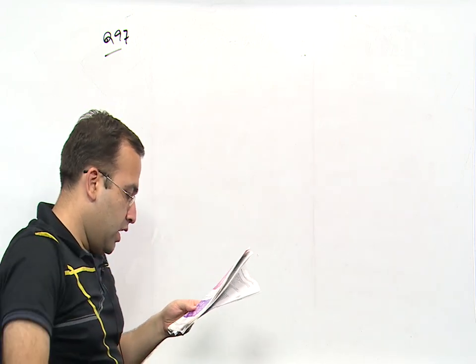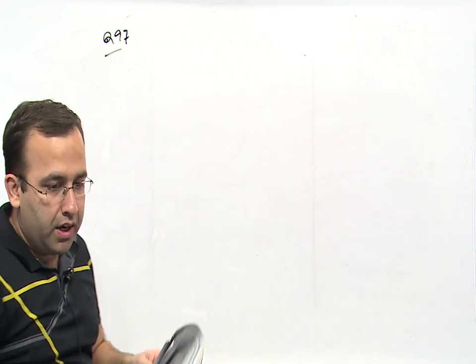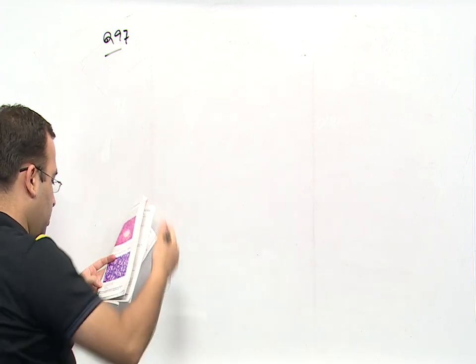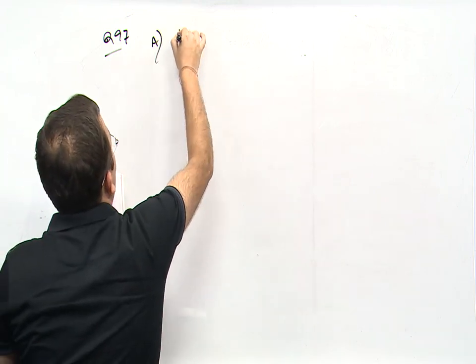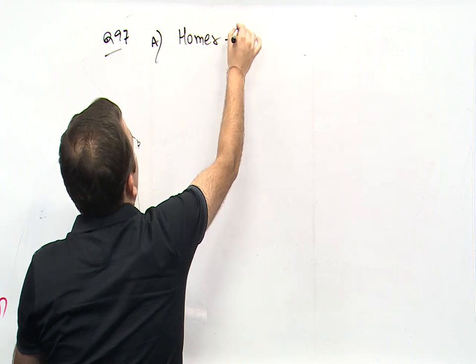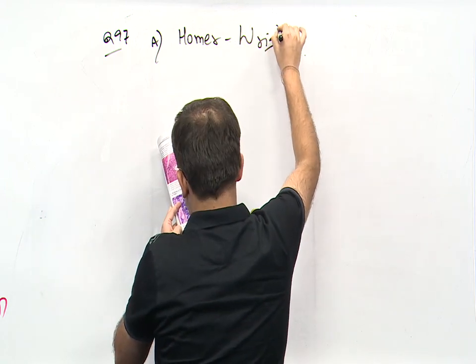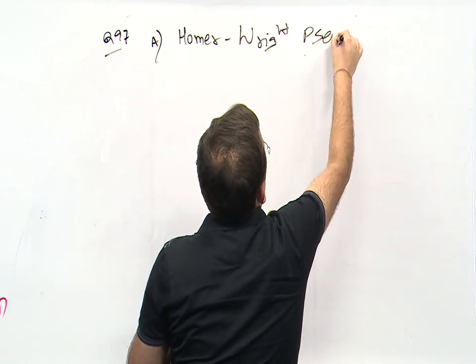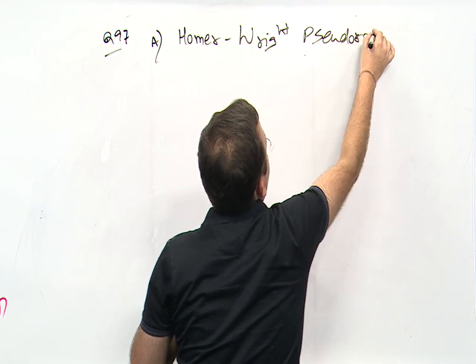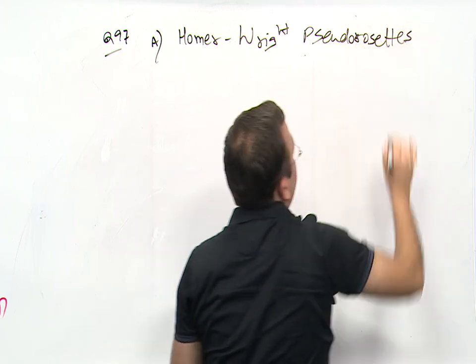The histology in neuroblastoma. It is again showing you the presence of Homer-Wright pseudorosettes. These are the Homer-Wright pseudorosettes seen in neuroblastoma.